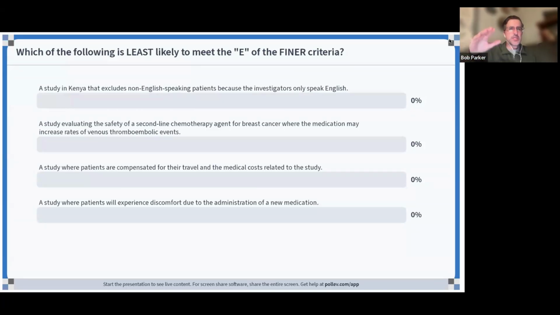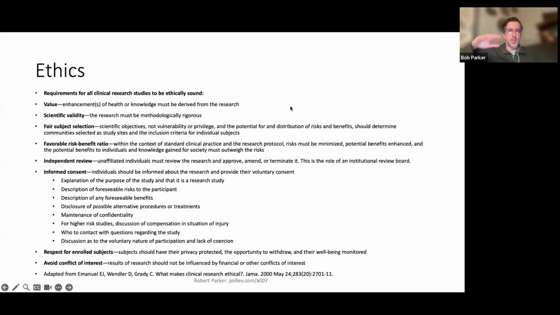So each of them has its problems. That is part of ethics, and you need to learn how to mitigate those problems, to really reduce those problems so that you can conduct your study. So here's a list of the things that we might look at from an ethics perspective.